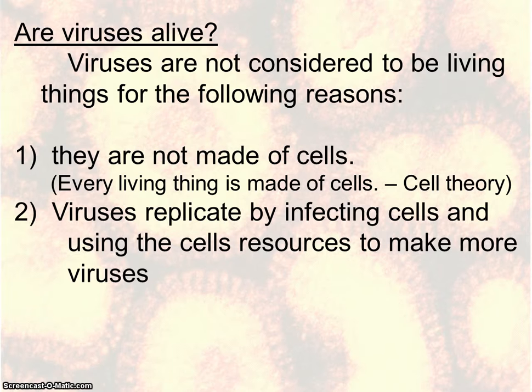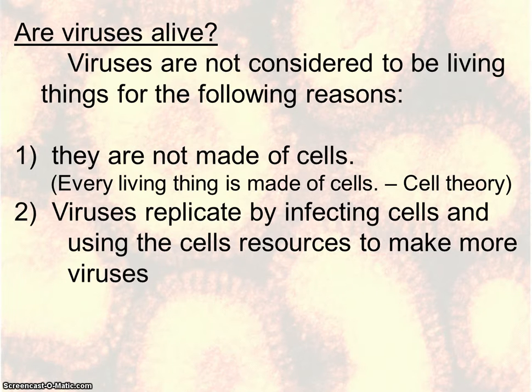The way viruses reproduce is they infect living cells. For example, the flu virus is going to infect living cells. It could be your throat cells, it could be your stomach cells, but it's going to choose some type of respiratory cell more than likely, or a digestive cell.